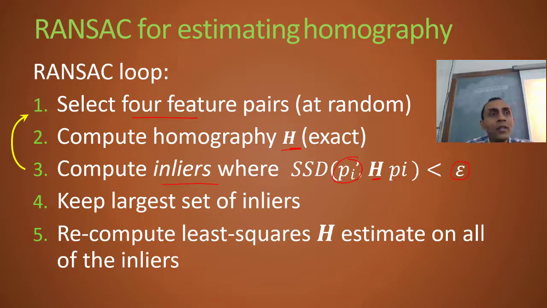If they are matching, then that is an inlier, and we'll keep the largest set of inliers, and we'll keep this loop going until we get the best one. And if we get many, then we can do a least square fitting on that, some kind of averaging of the estimation.